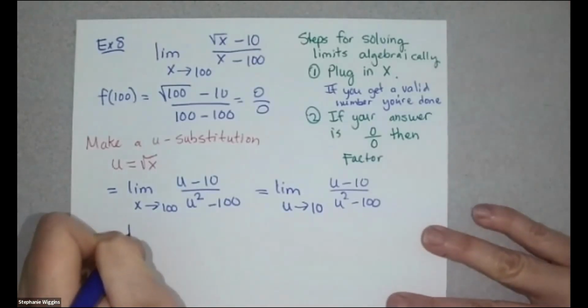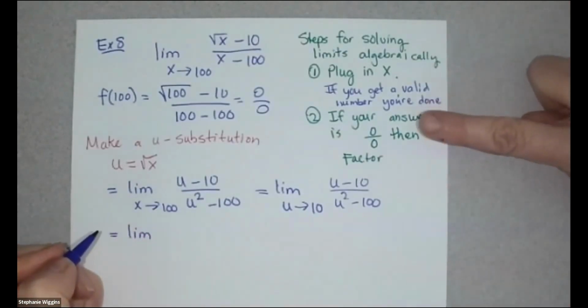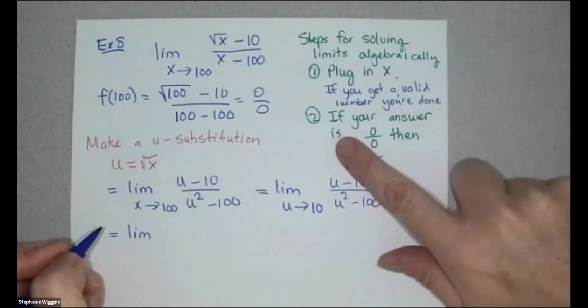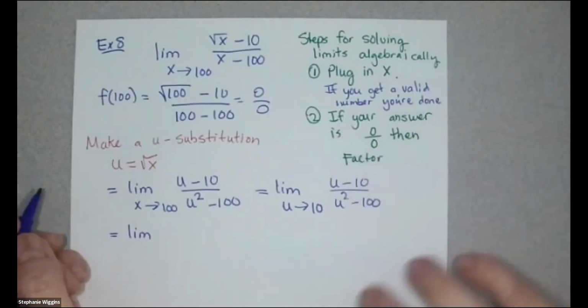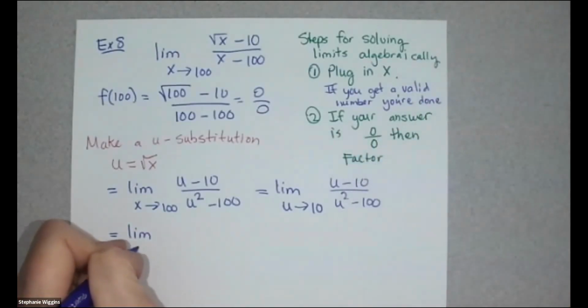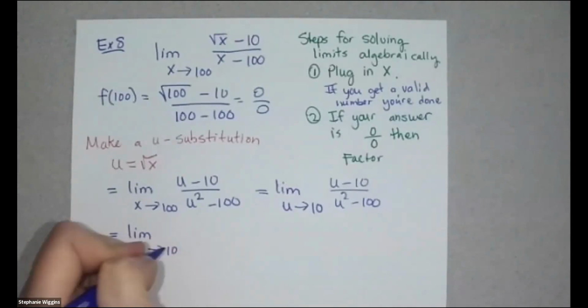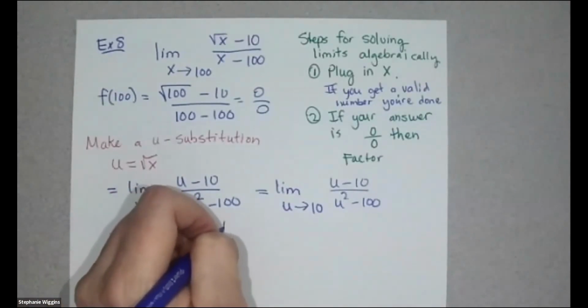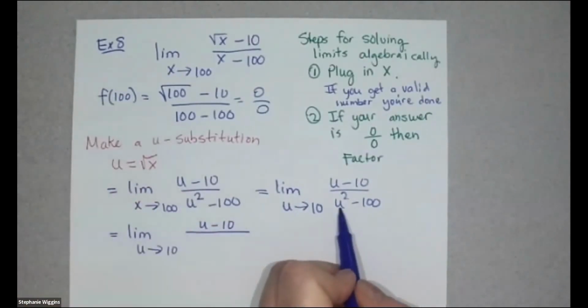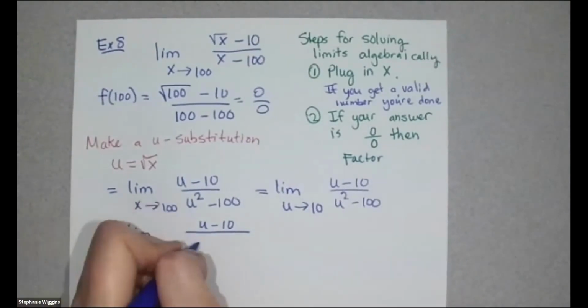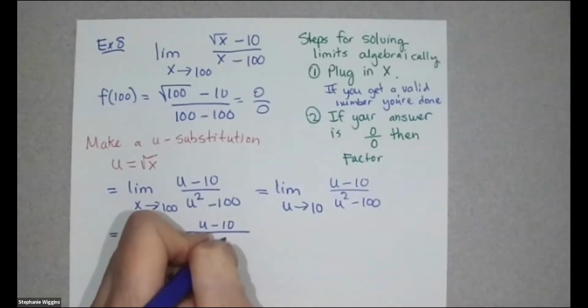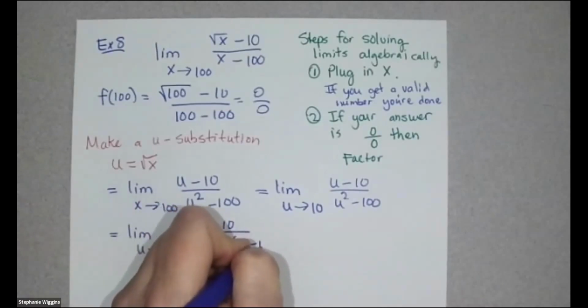So the next step is to factor, right? If your answer is 0 over 0, then factor. And so U approaches 10. U minus 10 divided by, this is the difference of squares. This is U squared and this is 10 squared. So that's going to be U plus 10 times U minus 10.